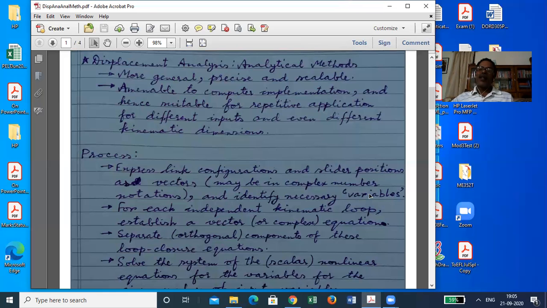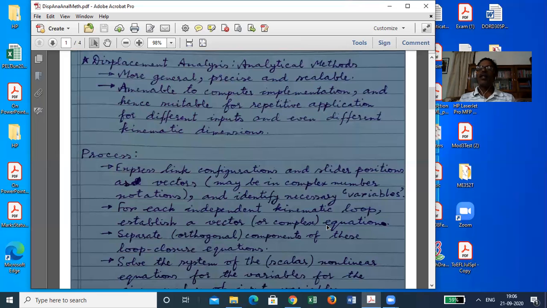Then identify different independent kinematic loops and establish a vector equation or complex equation for every loop. That is, starting from one point on the loop, if you can go around the loop and come back to that point, then the sum total must be 0.